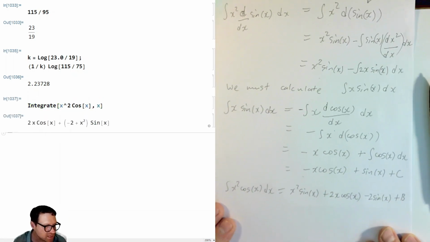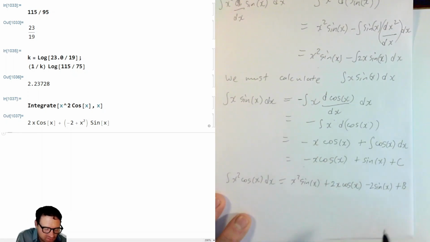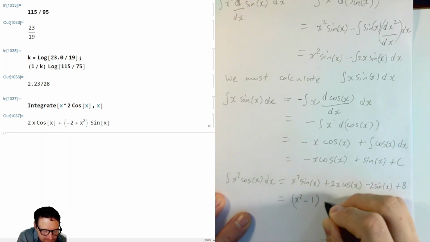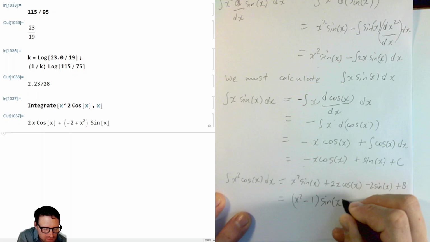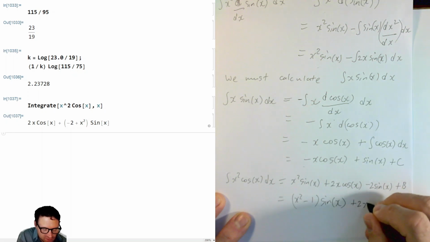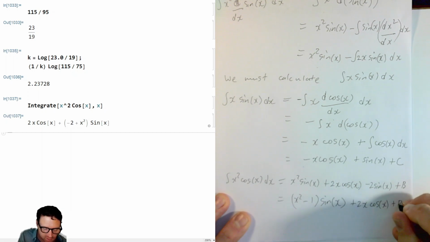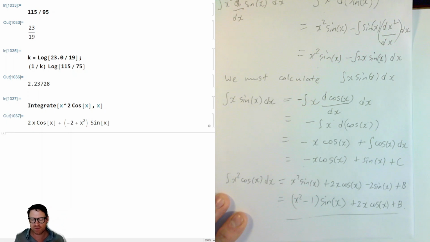Okay, so Mathematica gives x squared minus 2 times sine of x, so we can factorize the sine of x out of this to make it look like that. And then plus 2x cos of x, and Mathematica has not put down the constant of integration there, but we should. Okay, there we go.